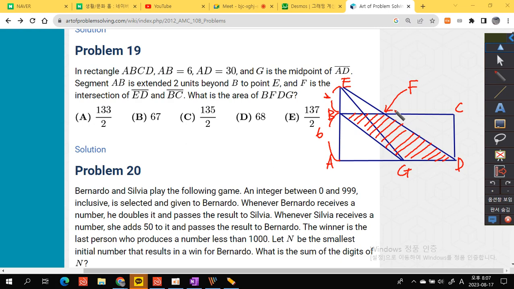So that means this BF length is 1/4 of AD, because AD length is 30, this length is 7.5, and G is the midpoint, and that means length of GD is 15. So to find the area of this trapezoid, add two bases and multiply 6 divided by 2.